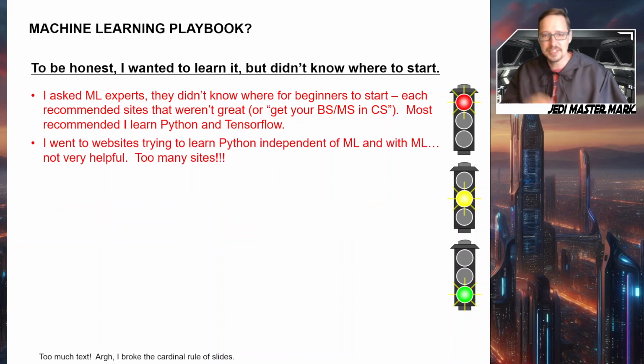I did go to websites to try to learn Python independent of machine learning and with machine learning. There are just so many sites. I think it's almost like a random walk of what Google or others put in front of you, and it may not be at the level you're looking to learn at that time.